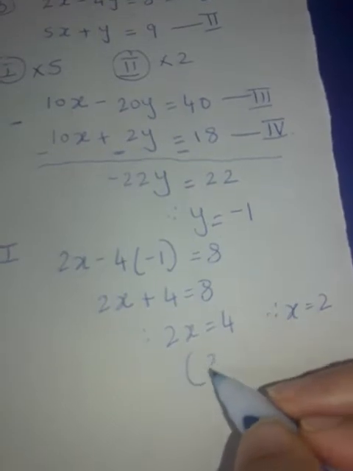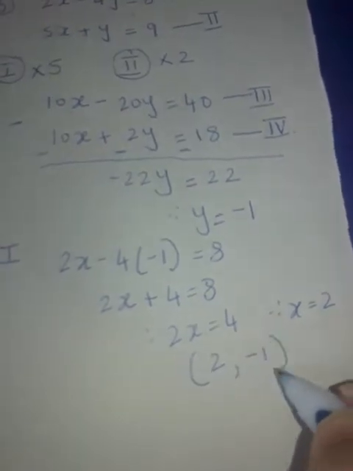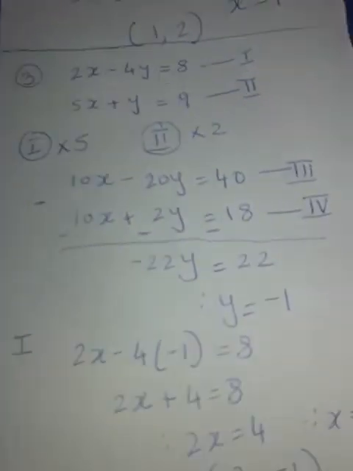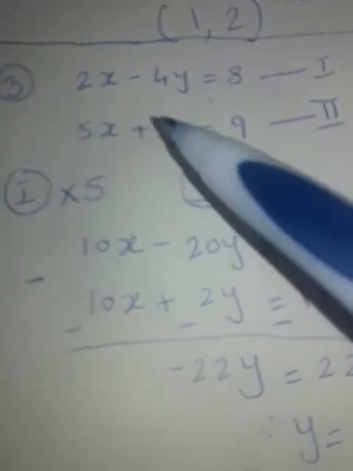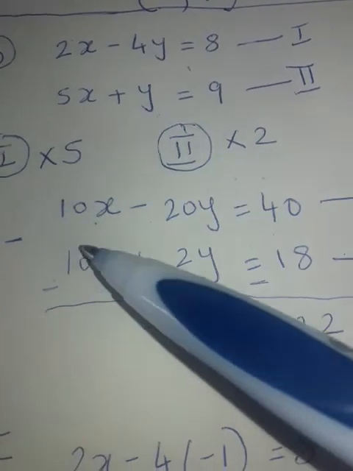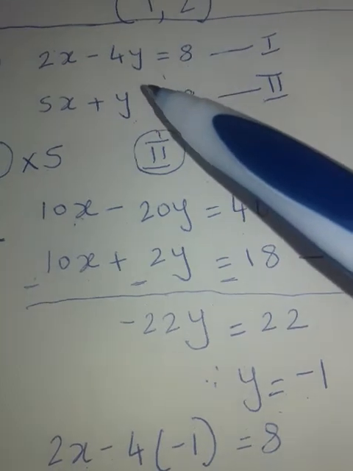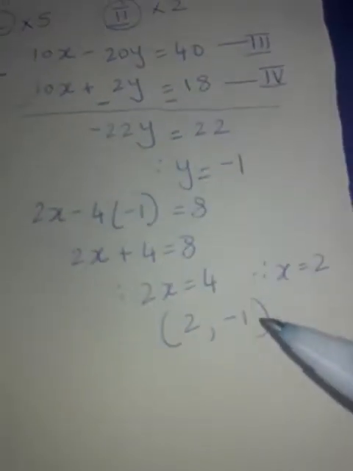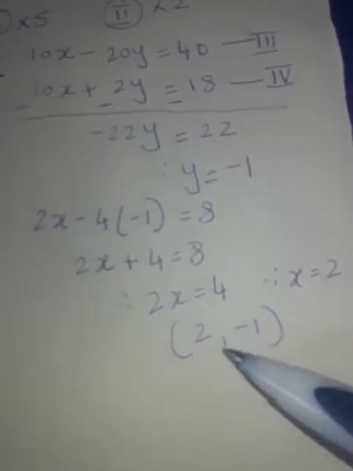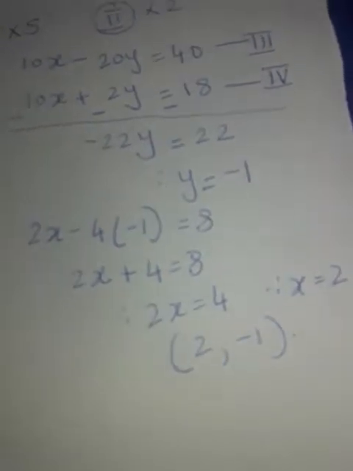So my solution set is 2, minus 1. If you have solved it by eliminating y instead of eliminating x in your notebook, please check whether you are getting the same solution set.